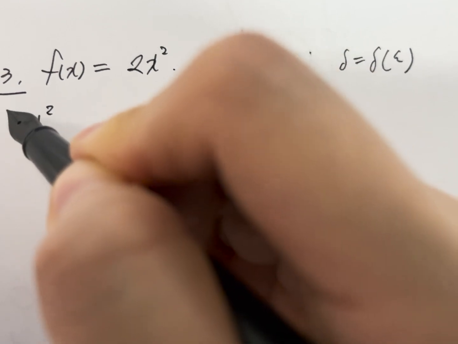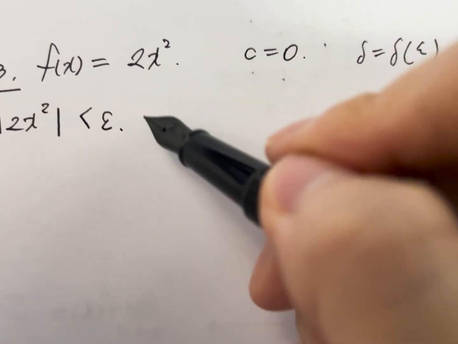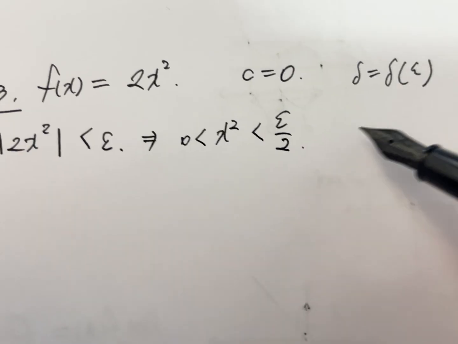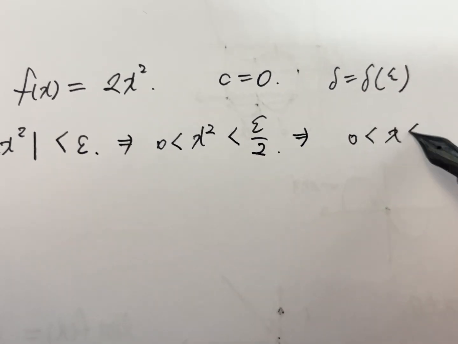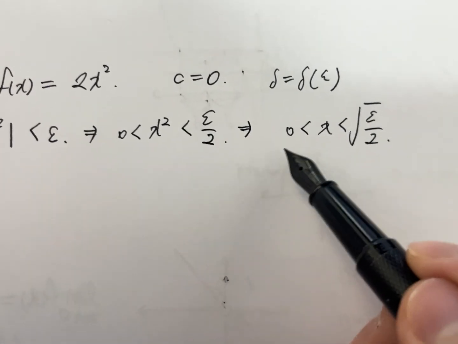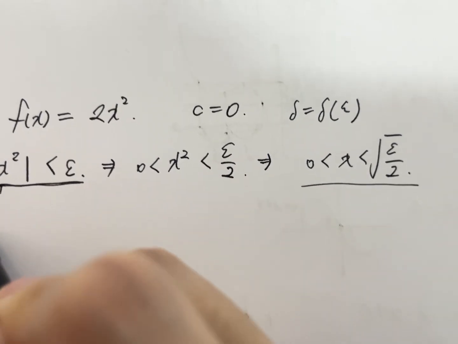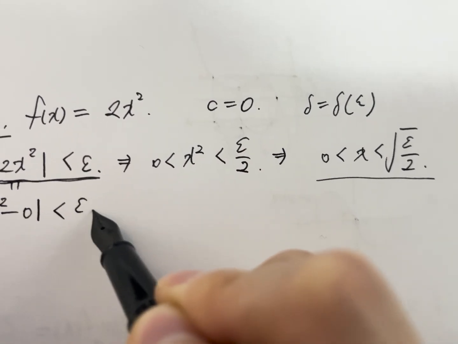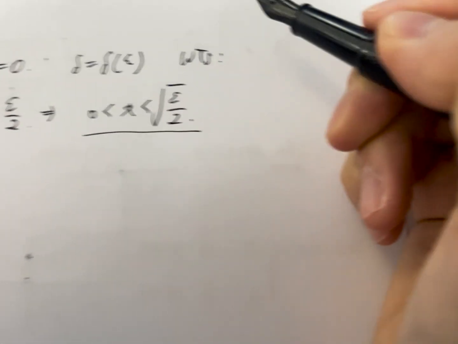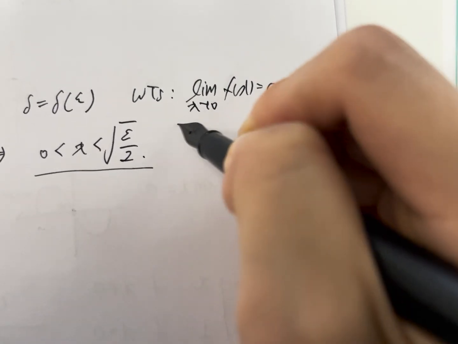So when f(x) is smaller than epsilon, we can observe this result from this condition. This is the same as this expression, because what we want to show is this one.